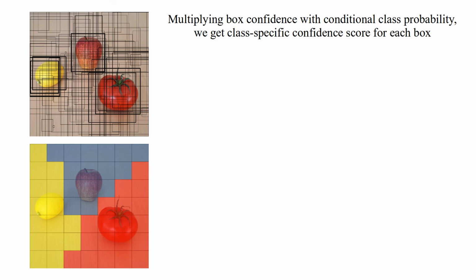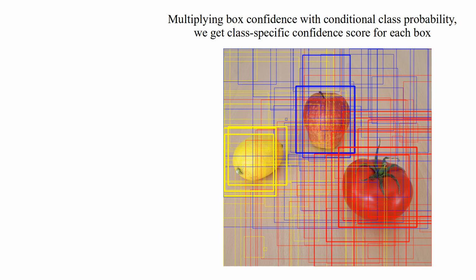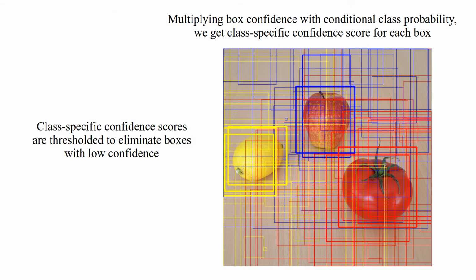Multiplying box confidence with conditional class probability, we get the class-specific confidence score for each box. Class-specific confidence scores are thresholded to eliminate boxes with low confidence.